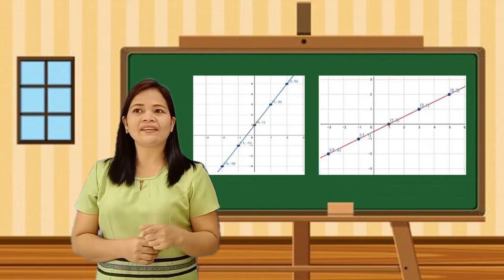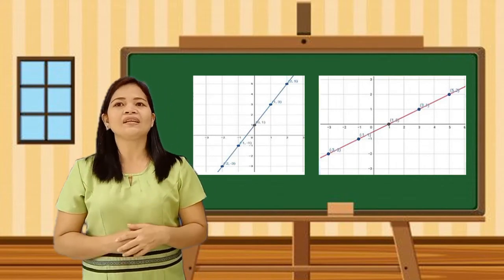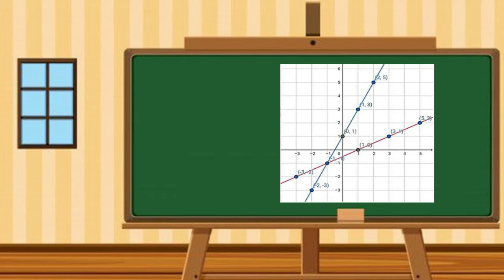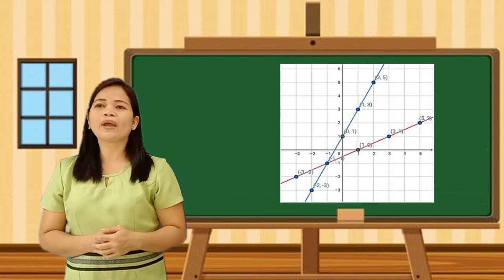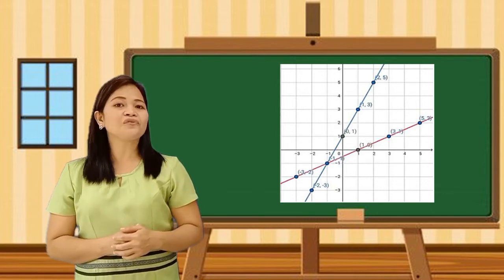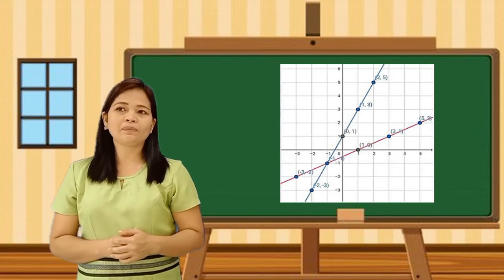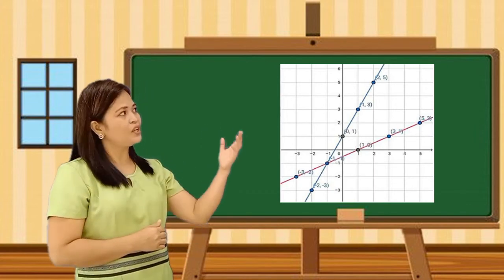To verify it, let us put the graphs in this manner. If we put the graph of f of x equals 2x plus 1 and its inverse in one coordinate plane, we will have this figure.